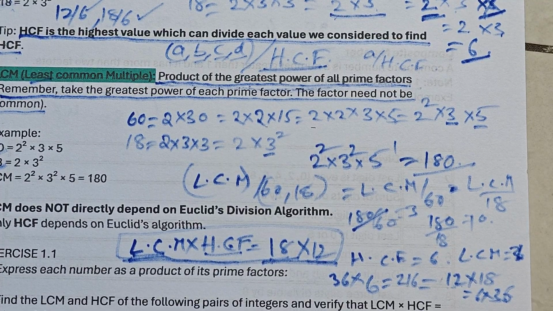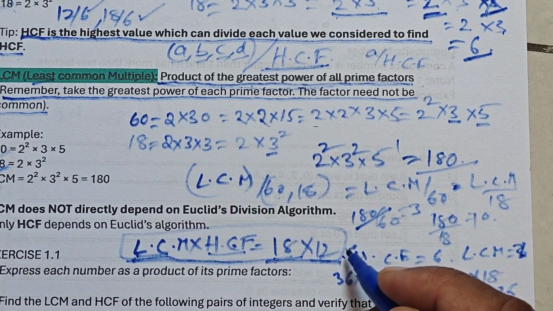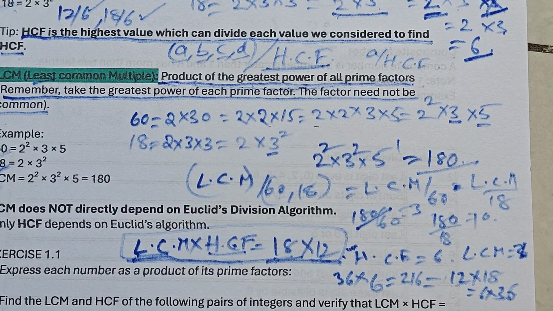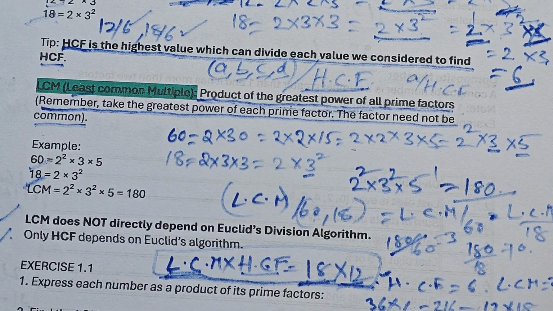At the maximum they may ask you the LCM of 3 numbers and the HCF of 3 numbers. Remember, this rule is not applicable for a 3 number system. It is applicable only when there are 2 numbers given, any 2 numbers. For 3 numbers we have a separate formula which is not in our scope, so don't worry about all those things.